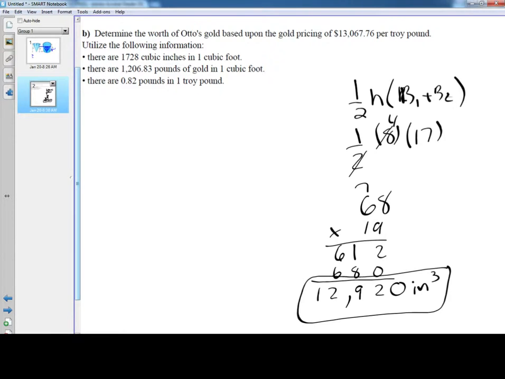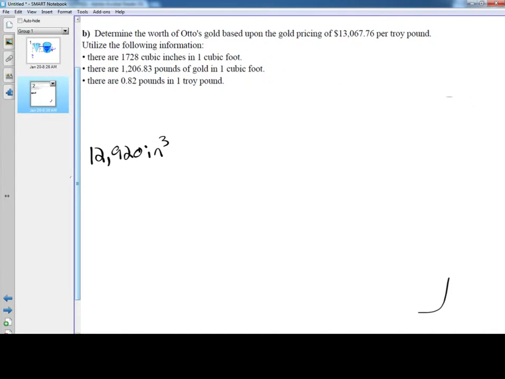Determine the worth of Otto's gold based upon the gold pricing, and they sell it per troy pound. Per troy pound. So we have this information that follows. Okay? So what we have is 12,920 inches cubed, and what we want to do is convert that into troy pounds.